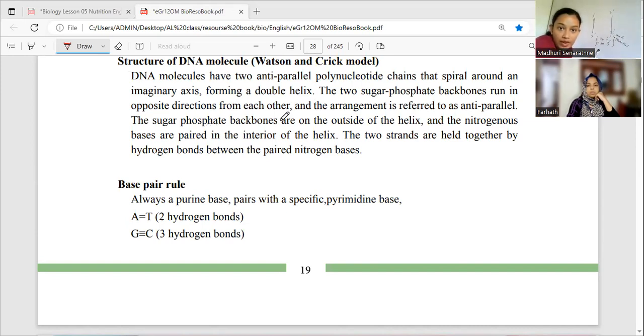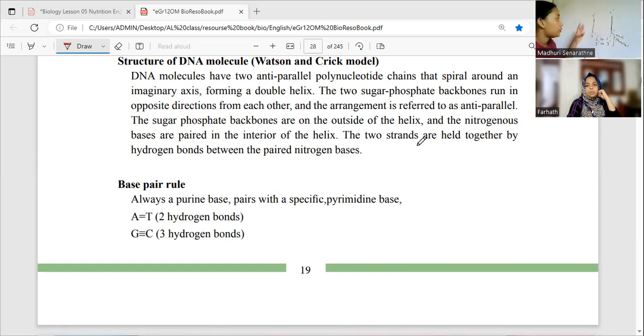The sugar phosphate backbones are on the outside of the helix. In this ladder, the outside lines are represented by two sugar phosphate backbones. Which components are included in the sugar phosphate backbone? Phosphate group and pentose sugar.